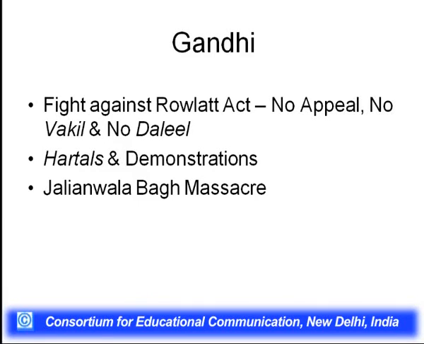And when the massacre took place, a number of people gave away the honors and titles they held during this period. They rejected these honors and titles, and they also protested in some other ways as well.